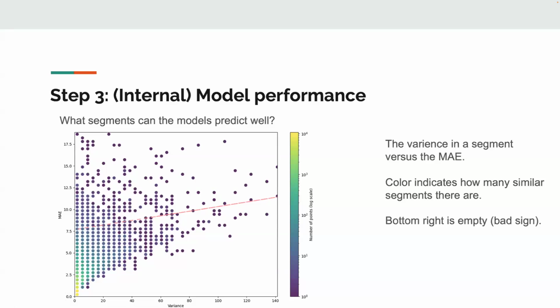But what we also see is when the variance increases, the mean absolute error also increases. And that's also a reason why at this bottom right corner, there are almost no dots. Which is very bad, because for some of these sections which are very variable, we want the model to also make a good prediction. So we see that as the segments become more complicated, the model performs worse and worse.